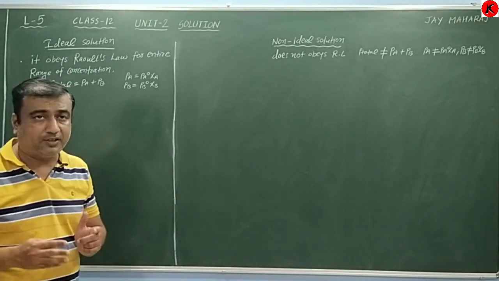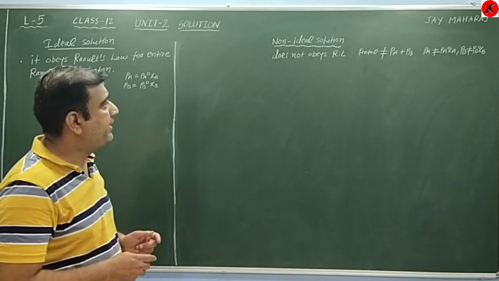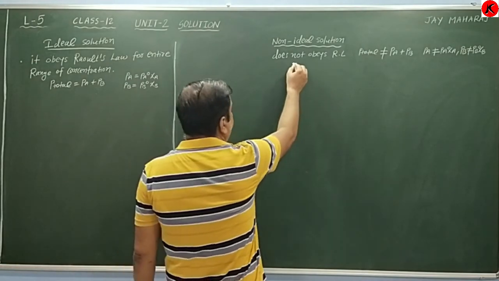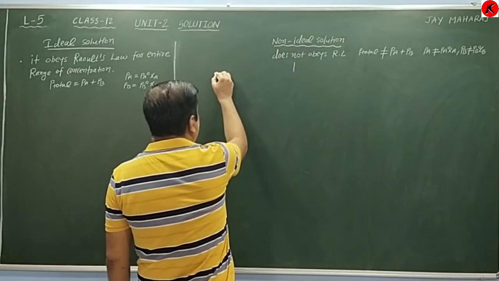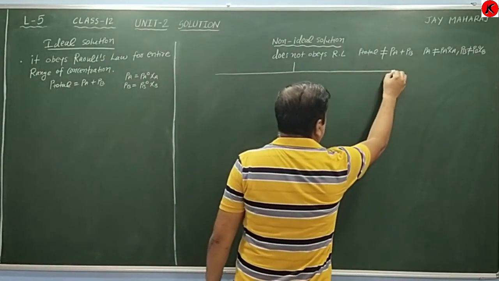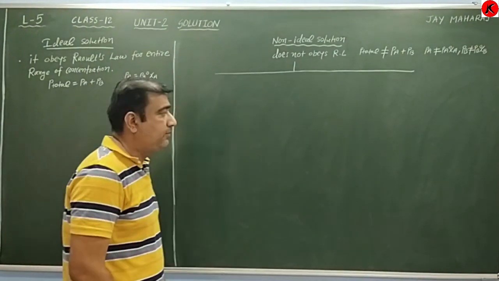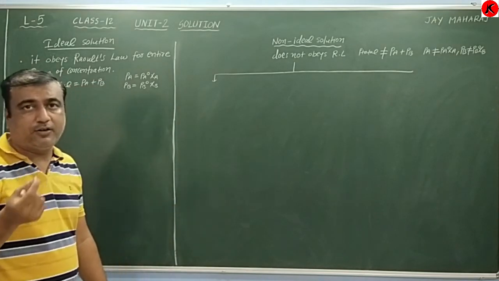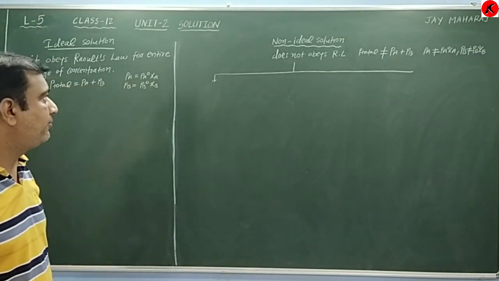So based on this, non-ideal solution can be further classified into two categories. The first one is non-ideal solution having positive deviation from Raoult's law.